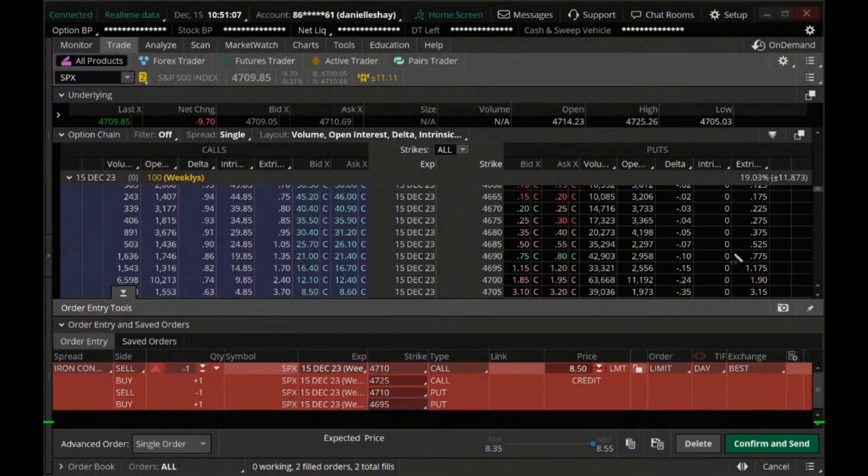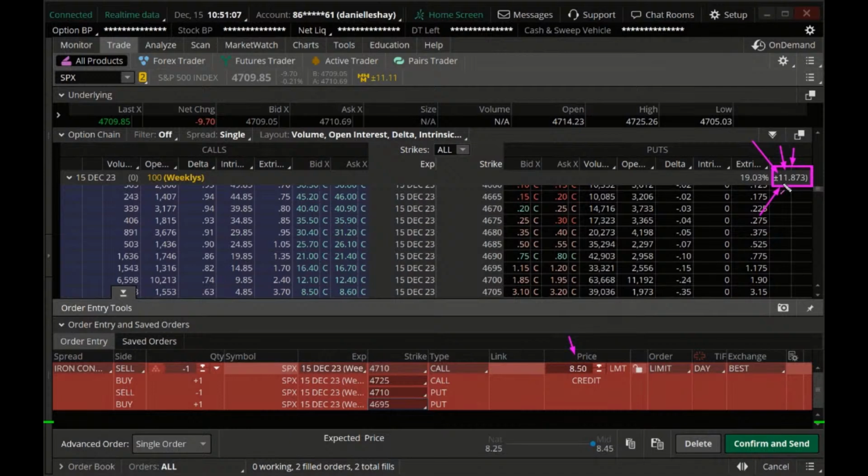That's how I determine if it's quote unquote fair or a good credit, because you want to see the credit being as close as you can to what the actual move is. So the idea with that is, you don't want to sell a credit of $5 if the expected range is going to be $12, because the likelihood of it staying within your $5 is very, very small.